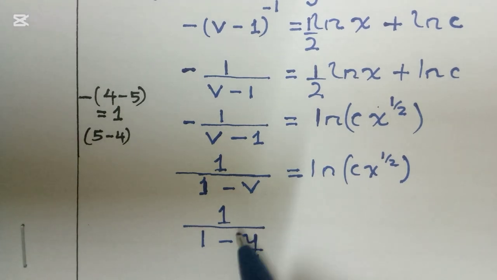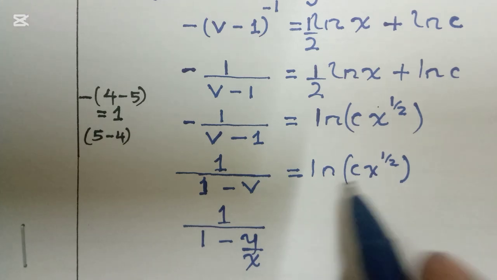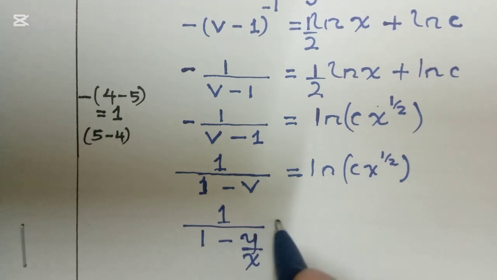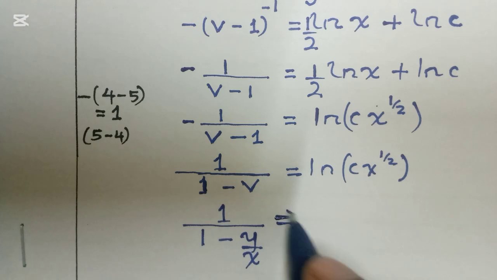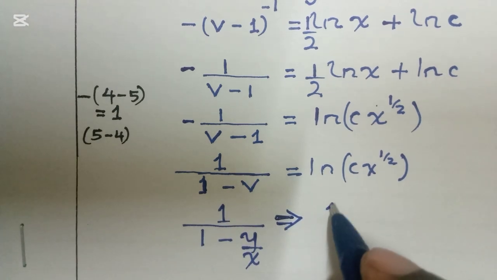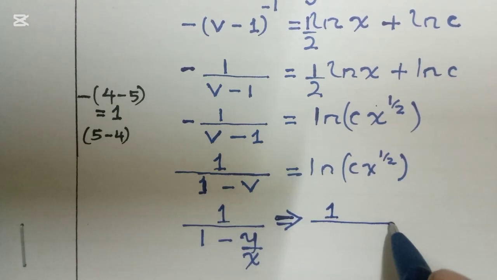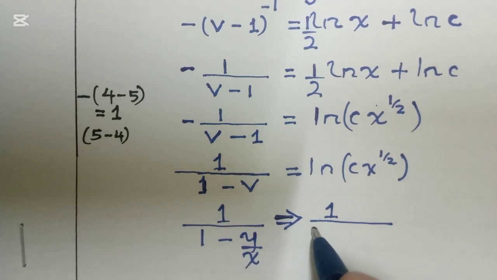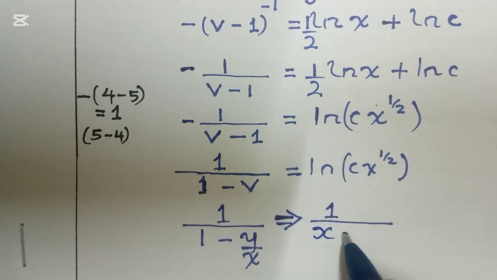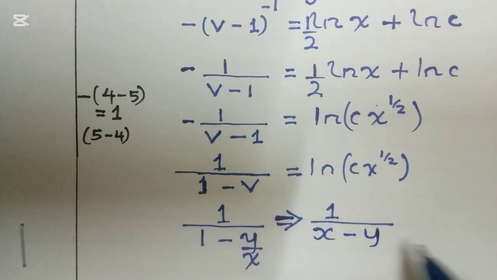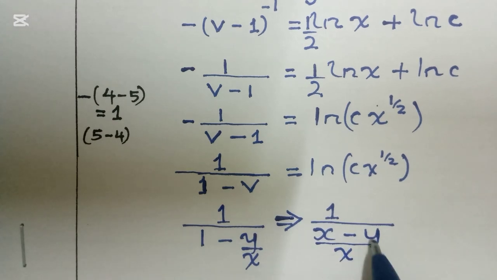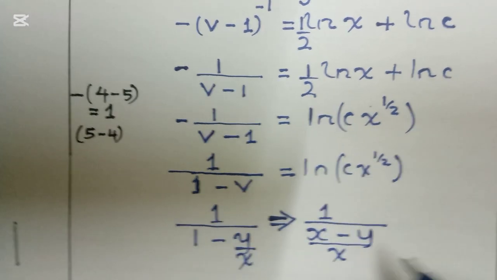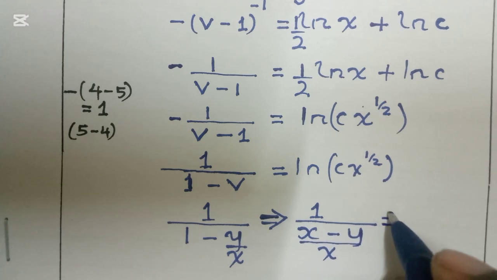And so, up to that point, guys, maybe I can deal with this one first. This one will be 1. I can now write this one 1 minus 1, I put it under x. And if I put it under x, then it will change and be x minus y all over x, like that. This is the same as that. And so guys, finally, I can write it as this.